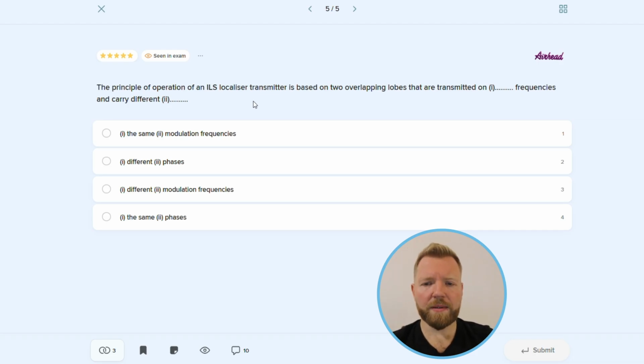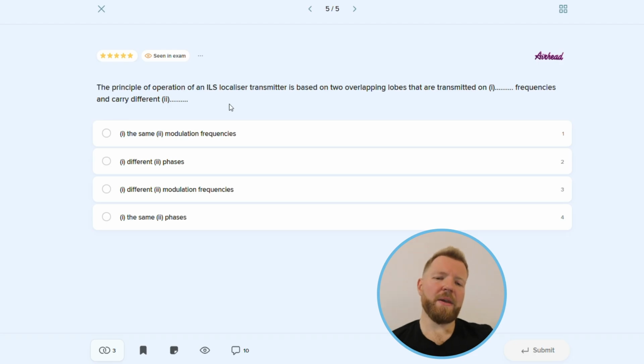Now, both lobes are transmitted at the same carrier frequency, but each one is amplitude modulated. The right lobe at 150 Hz and the left one at 90 Hz. So, when an aircraft is perfectly on the localizer, the receiver receives an equal amount of modulation. Therefore, the so-called difference in depth of modulation, DDM, is 0, and the CDI shows no deflection.